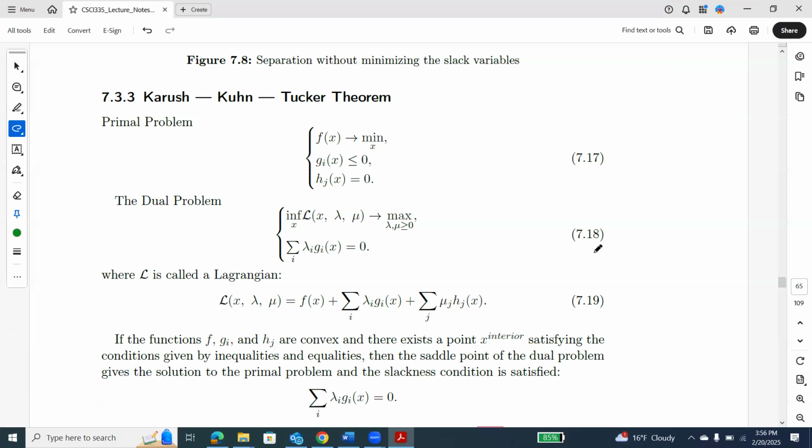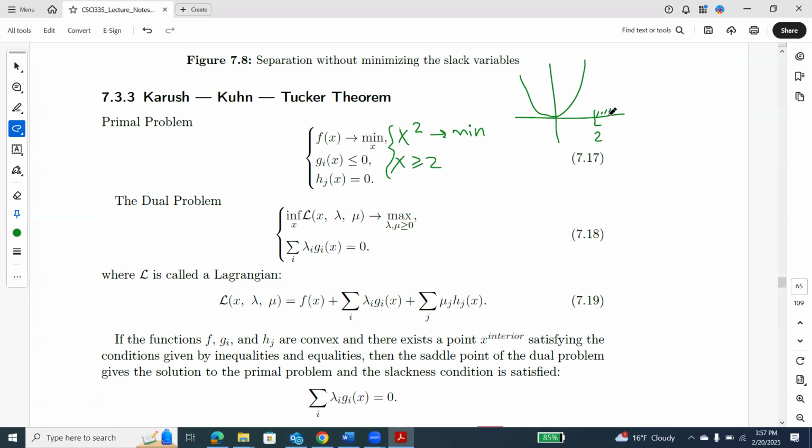Let's look at an example to make it more clear. Let's assume that f is just a parabola, for example f is x squared, and the constraint is x greater or equal to 2. It's just an example. If I draw this, it looks like this parabola, and x greater or equal to 2.